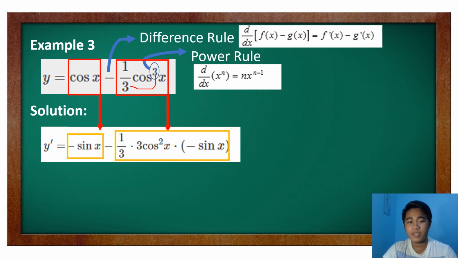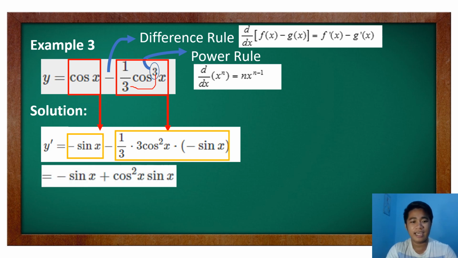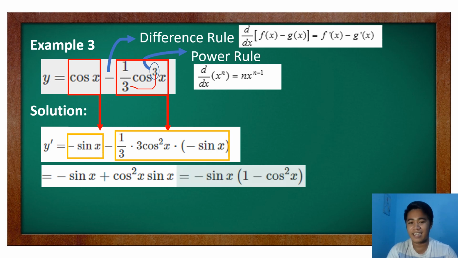So now if we simplify that, we can get negative sine x plus cos squared x sine x. Alright? So if we simplify that again, we can have negative sine x multiplied by 1 minus cos squared x. Alright? So distributive property where we take out the negative sine x. So our 1 minus cos squared x can be derived from our Pythagorean theorem, which is sine squared x plus cos squared x is equal to 1.